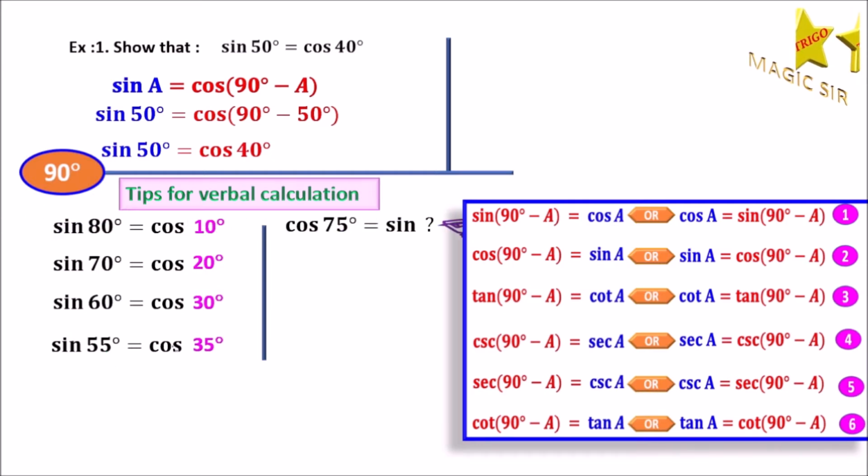Similarly, we can convert cosine to sine. Cos 75 degrees is equal to sine 90 degrees minus 75 degrees is equal to sine 15 degrees. Cos 50 degrees is equal to sine of 90 degrees minus 50 degrees is equal to sine 40 degrees.